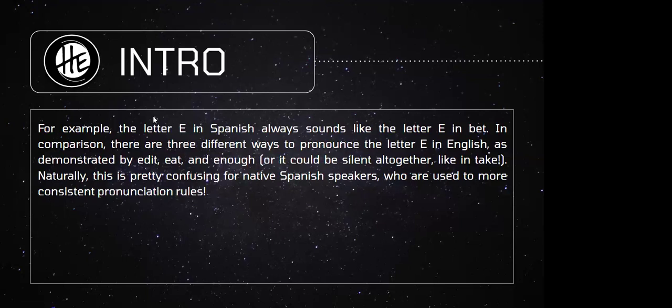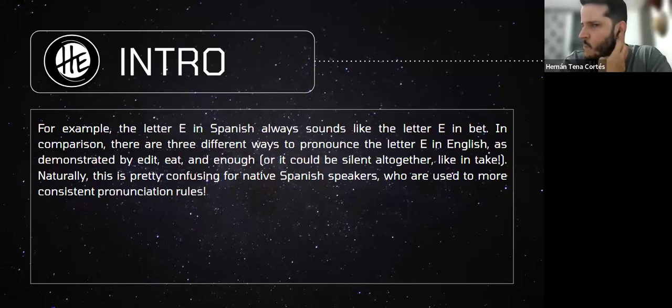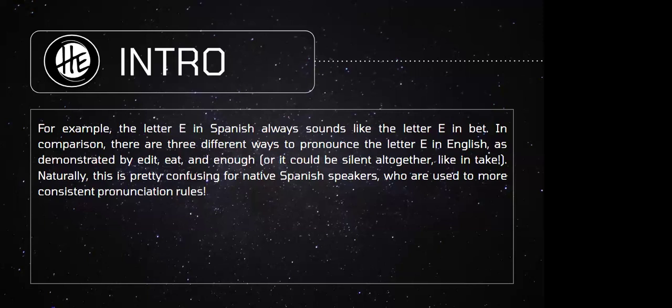As demonstrated by Edith, it, and no, or it would be Silent. silent altogether, like intake. Naturally, this is pretty confusing for native Spanish speakers who are used to more conscient pronunciation rules.